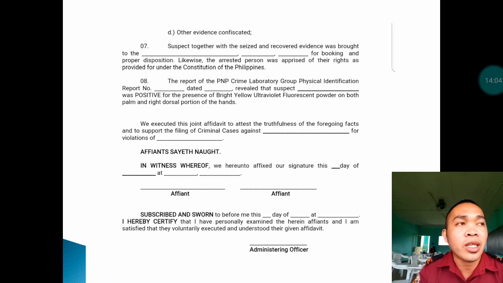Then, after diyan makita ang jurat, diyan na siya maghimo og subscribed and sworn before me this day of month and year at location or jurisdiction. I hereby certify that I have personally examined the herein appearing affiants and I am satisfied that they voluntarily executed and understood their given affidavit. Ang mosign ani ang administering officer, si chief of police ba or kinsa ang nag-administer.